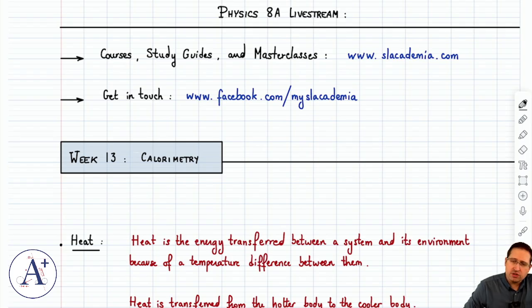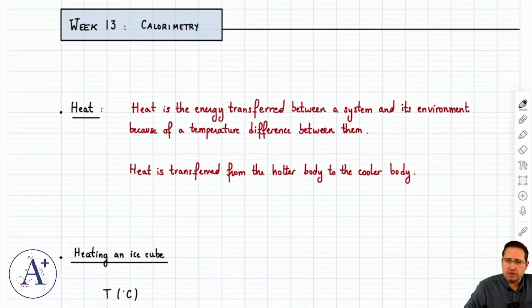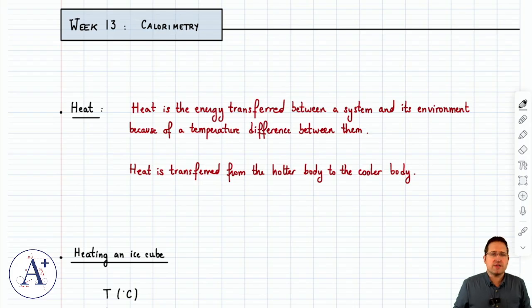Let's start with the definition of heat, because definitions are always nice. Heat is, first of all, an energy, and it's the energy transferred between a system and its environment because of a temperature difference between the two. So, simple example, if it's wintertime, the temperature in your house is typically higher than the temperature outside, hopefully, and there will be a tendency for the heat inside your house to want to leave and to flow out of the house.